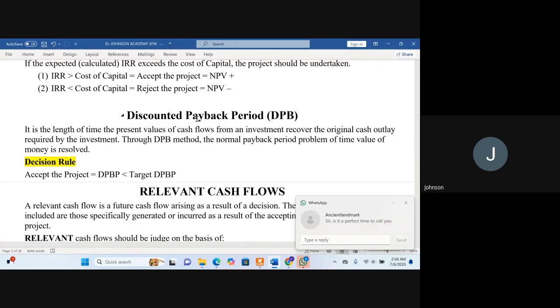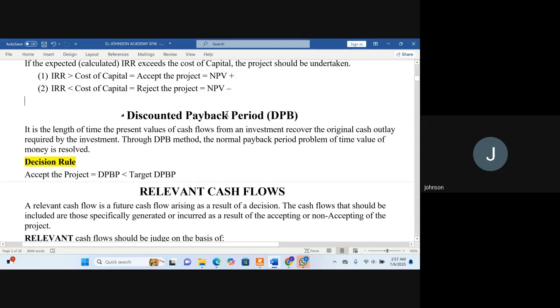So you now ask yourself, what is the highest time I can pay back this loan if I invest this money into this business? You solve it as a finance manager to know the highest time it will take you to return the money that you collected from the bank. So that is where the discounted payback period comes in.